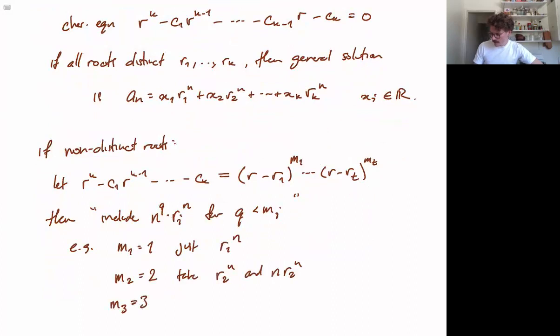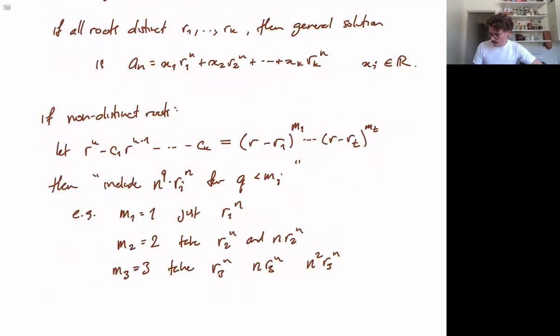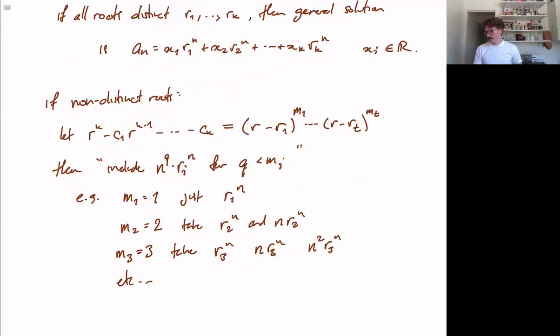If m equals 3, take r to the n, n r to the n, and n squared r to the n, etc. So just take as many powers as you need to get the proper number of fundamental solutions corresponding to that root.